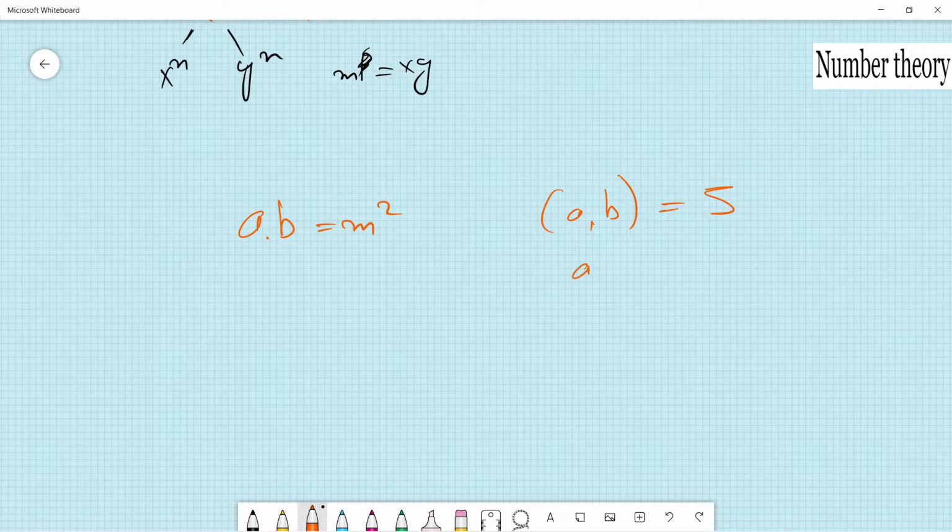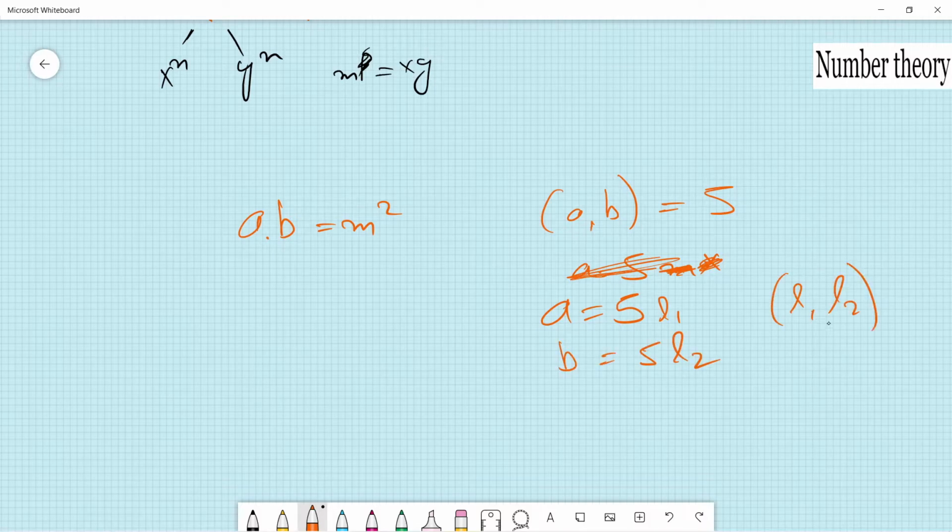So then we can write a as 5 l1 and b is 5 l2, and GCD of l1, l2 is 1. So this can be written as 5 l1 times 5 l2 equals m squared. This is 25 l1 l2 equals m squared.